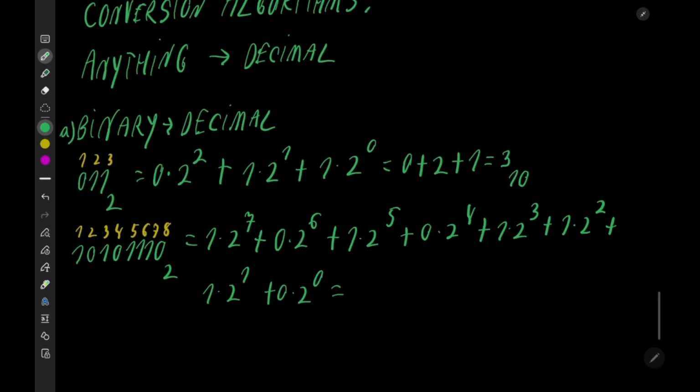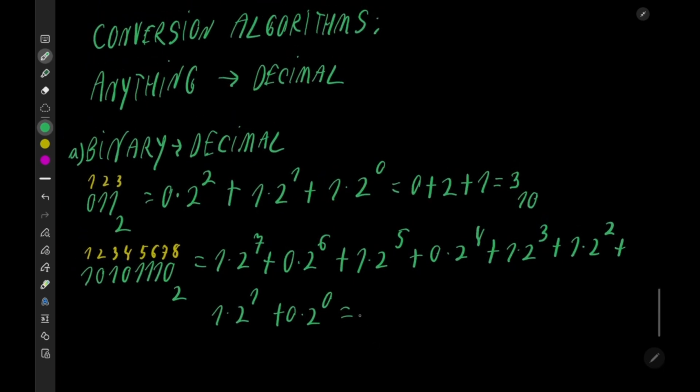This is equal to 1 times 2 to the power of 7, which is 1 times 128, so 128. Plus 0 times 2 to the power of 6 is 0. Plus 1 times 2 to the power of 5; 2 to the power of 5 is 32, so 1 times 32 is 32.